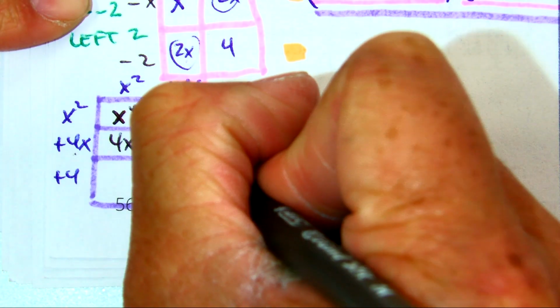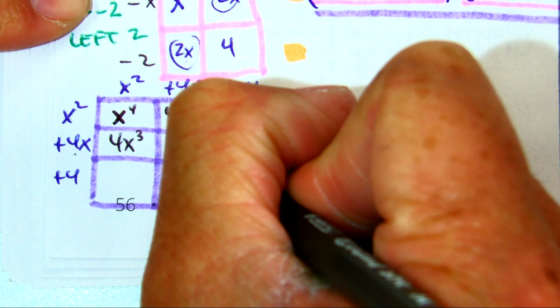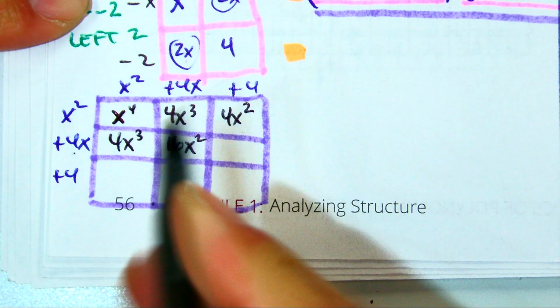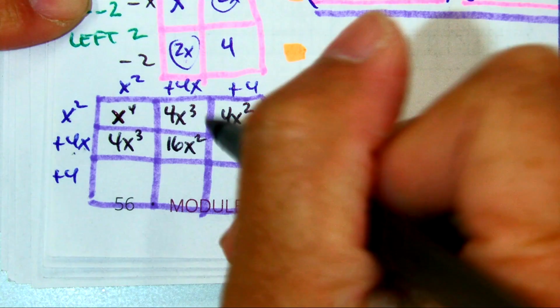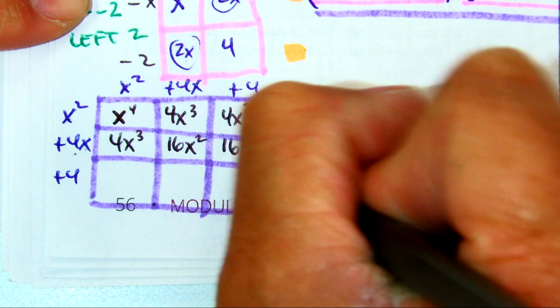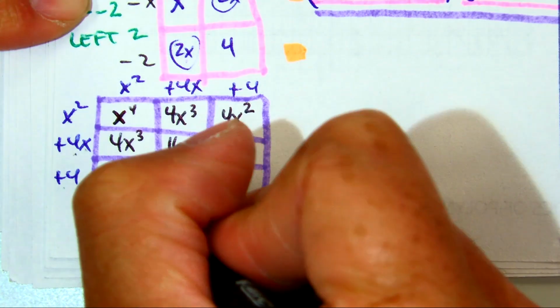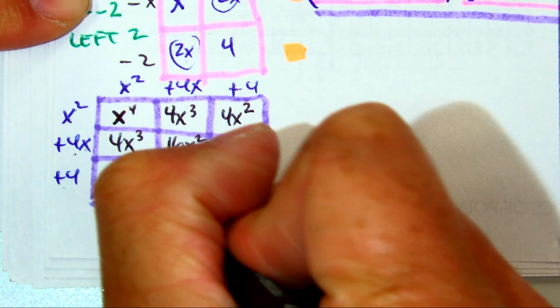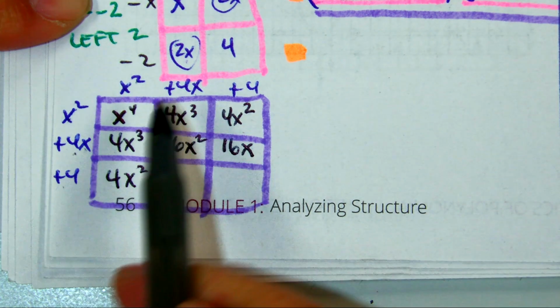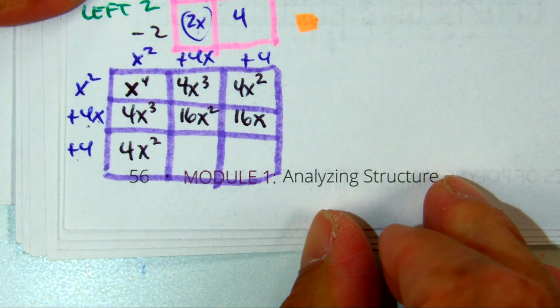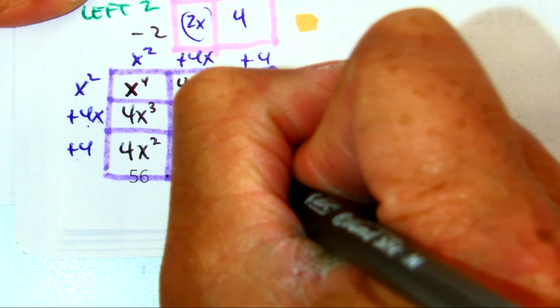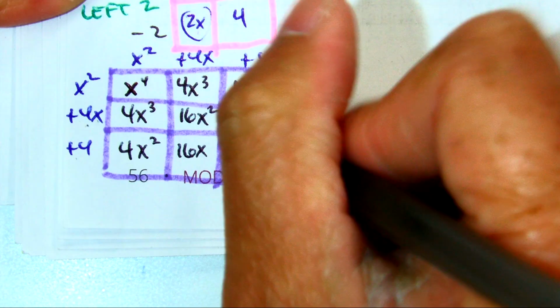Good. 16. X squared. 4x times 4. X squared times 4. 4 times 4x. And 4 times 4. 16.